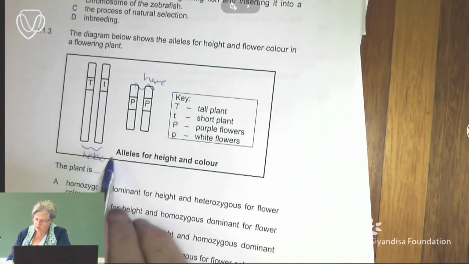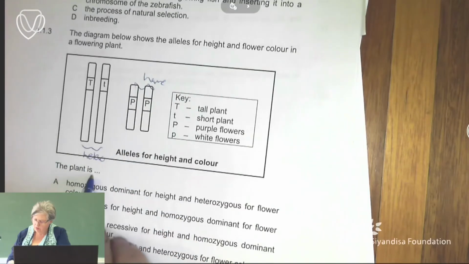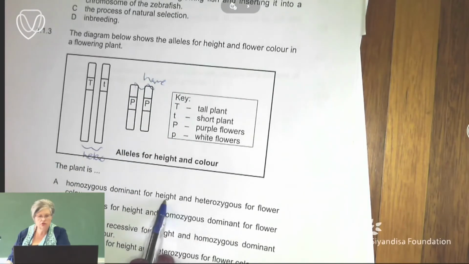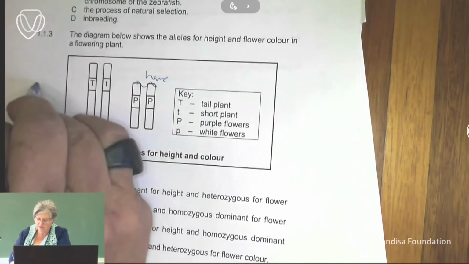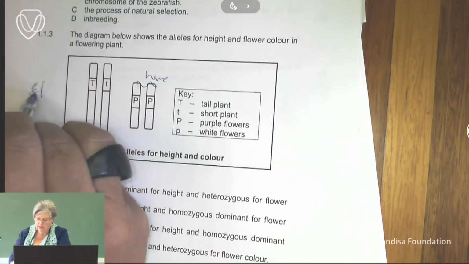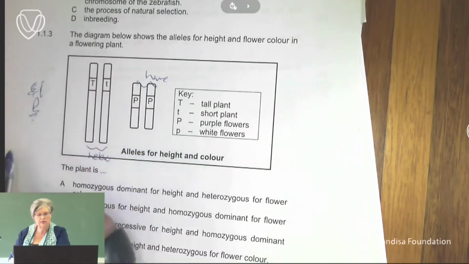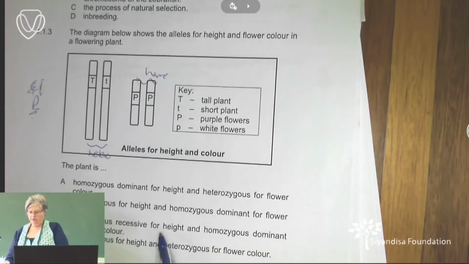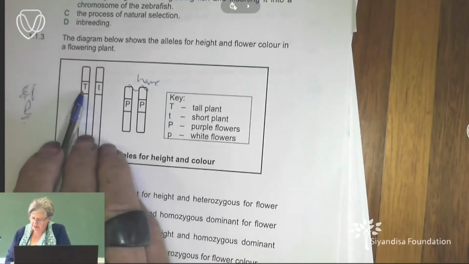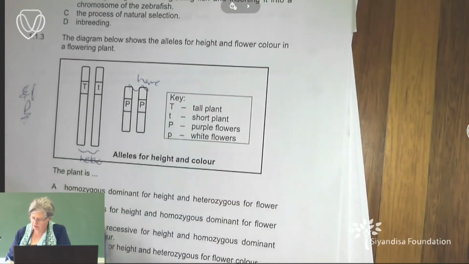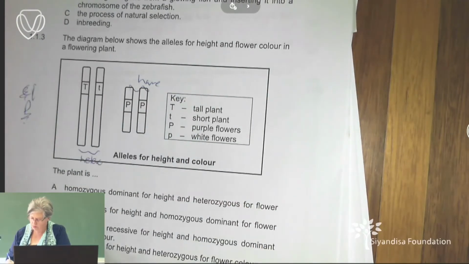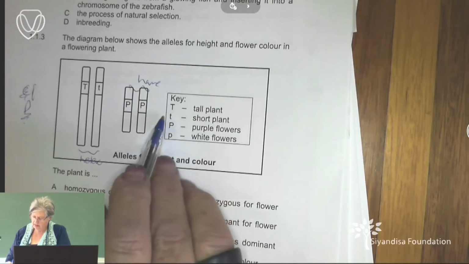Now they want you to describe the plant. This is a very good question, question D, a very important, difficult question. T is dominant, so what will it be? It will be a tall plant. And how will it look?